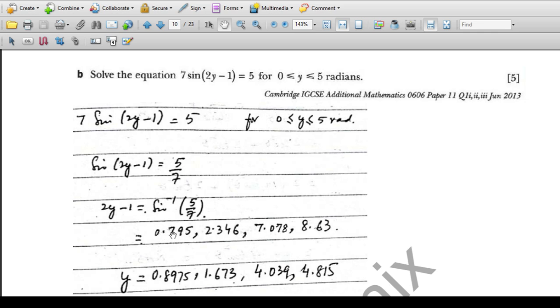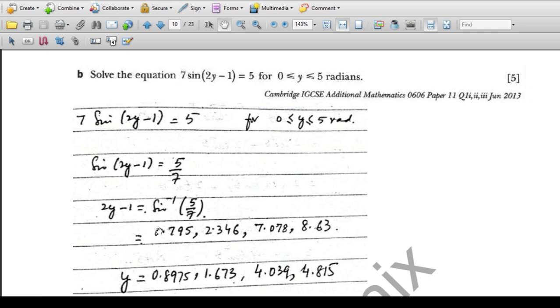This is quadrant 1, this is quadrant 2, this is quadrant 1, and this is quadrant 2 after completion of the whole revolution.